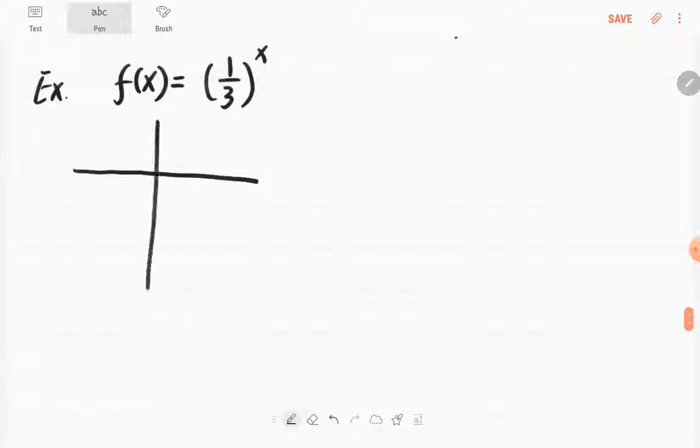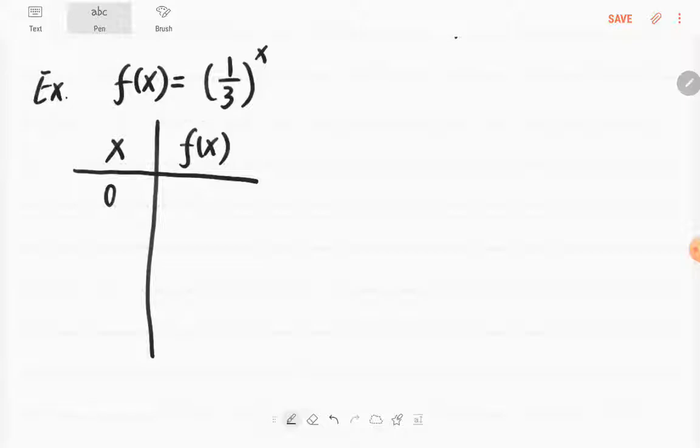Another example, which is f of x equals 1/3 to the x. Okay, so we have some table. We pick some x values.